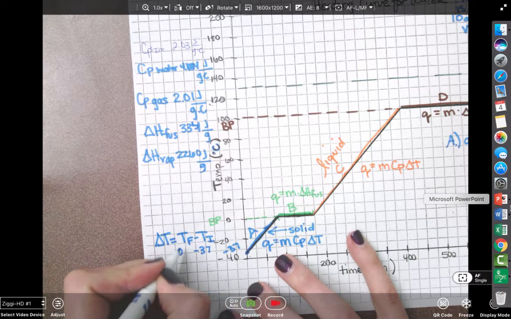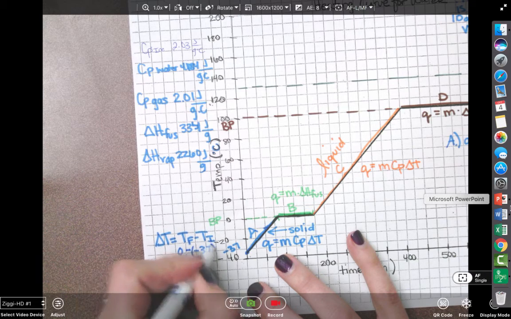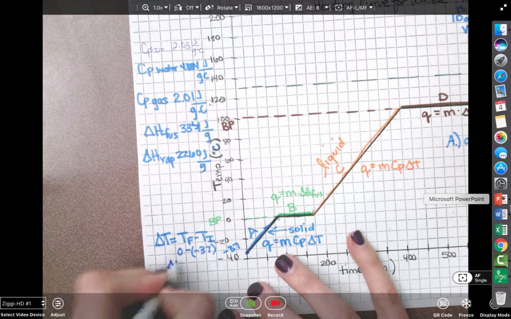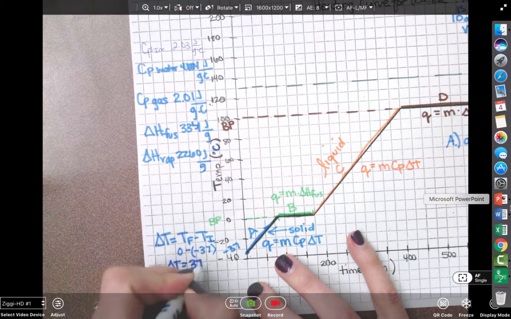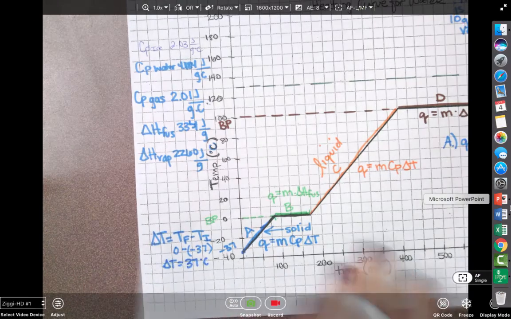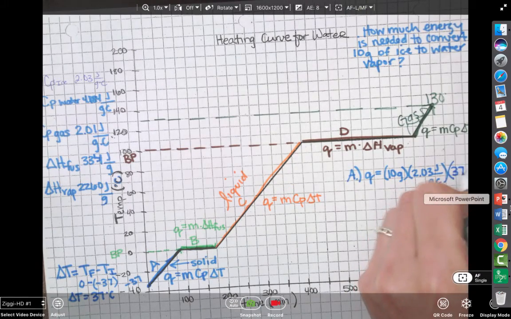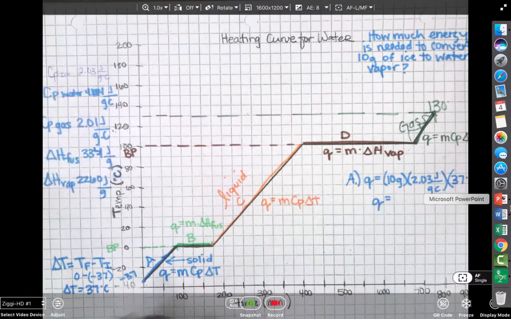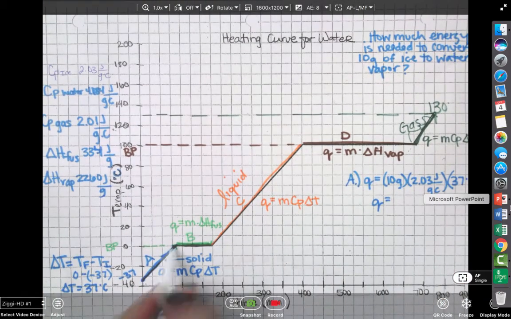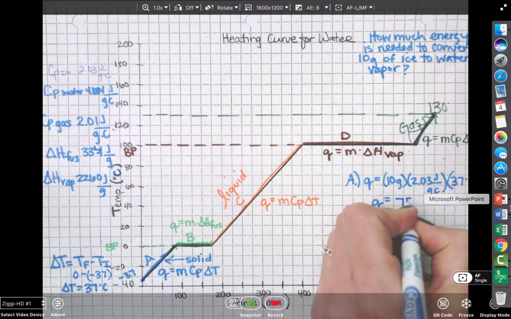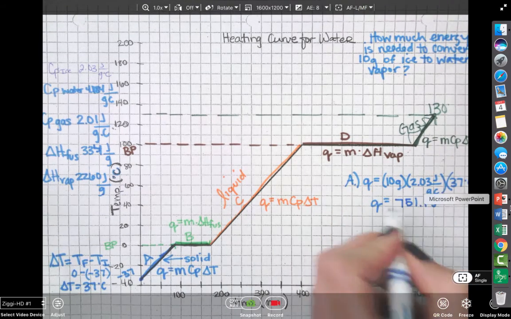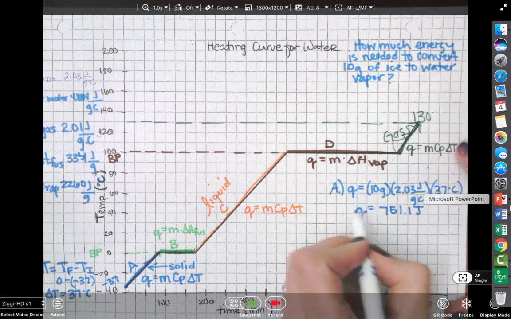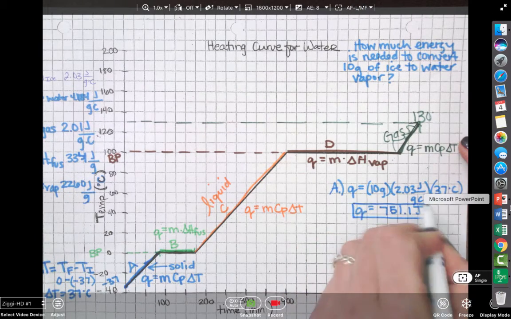So I have 0 minus negative 37, so my delta T is going to be a positive 37 degrees Celsius. Q equals, or the energy needed to get from here up to here, 751.1 joules. Okay, so that's one segment.